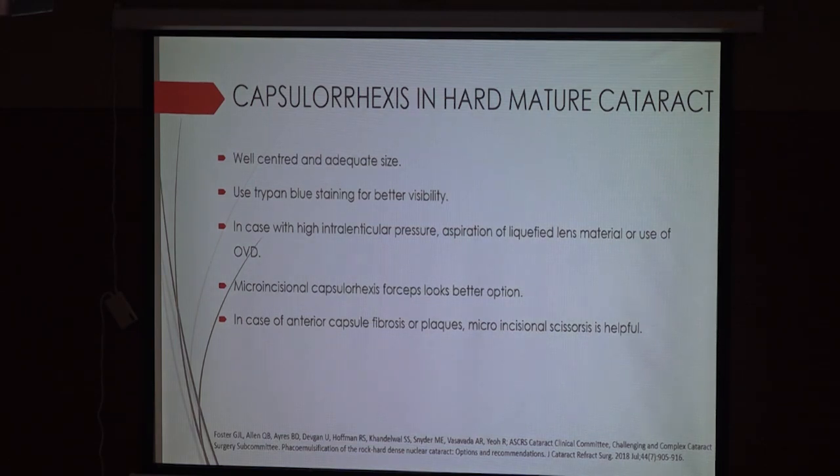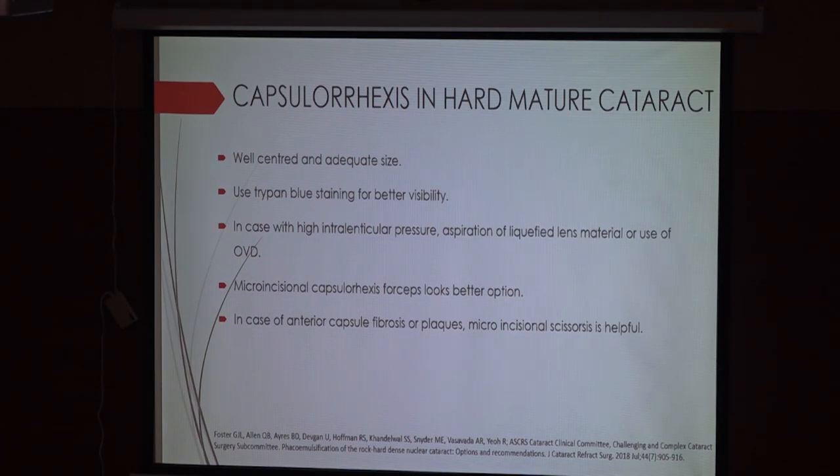And always stain, because in retroillumination you don't see any red glow in these patients. So you have to stain the capsule so that it's visible and you are able to perform good capsulorhexis. And most of these cases will have liquefied cortical matter, and once you make a puncture, the liquefied cortical matter starts coming out.